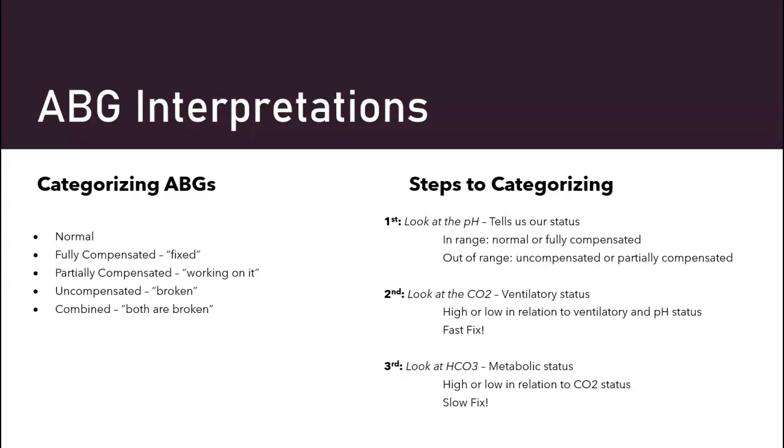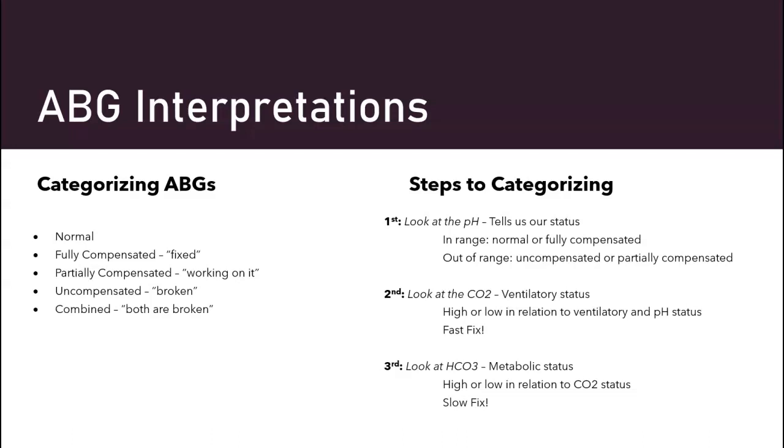Whether our CO2 is really, really high or really, really low, or our bicarb is really, really high or really, really low, and it's throwing our acid-base balance off, and our patient is really, really sick, and we either need to give some type of medication to help our metabolic status, or we need to provide respiratory support to support our patient. One or the other. We need to intervene if we have an uncompensated situation.